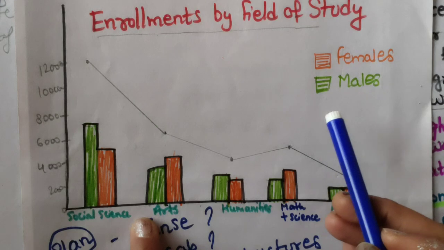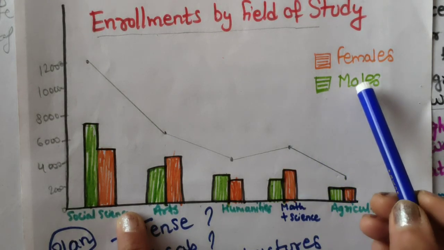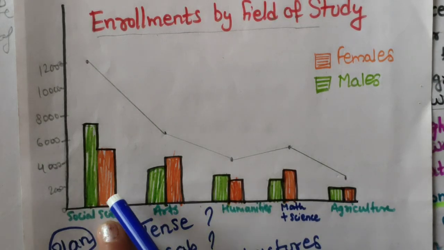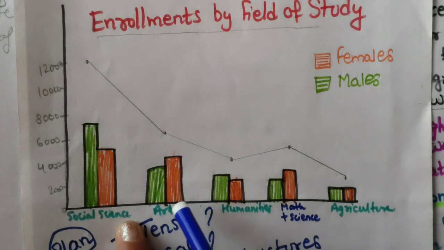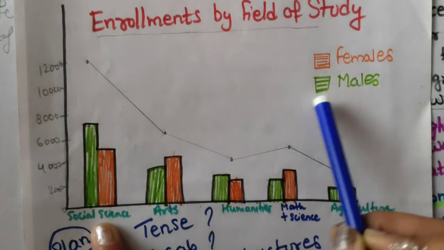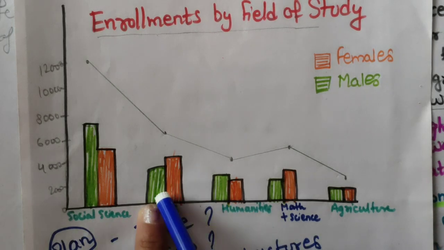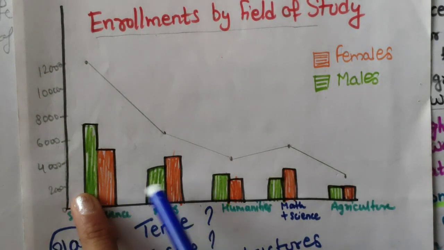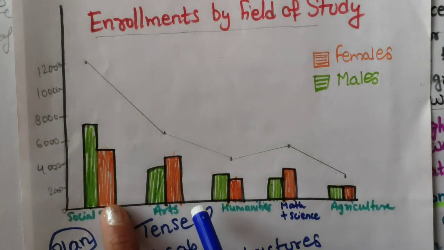Okay, so here you should also note it down group wise. Now we have to compare group wise also. We have just analyzed subject wise, but group wise also we should do it, because here I can see more males as compared to women, and then fewer males as compared to women. More males means in these two subjects, humanities and social science, there are more males as compared to females.